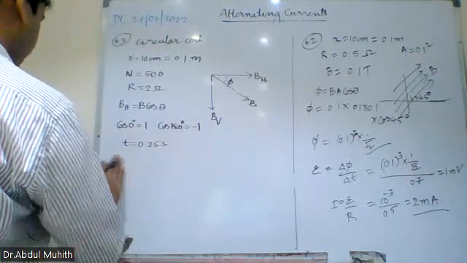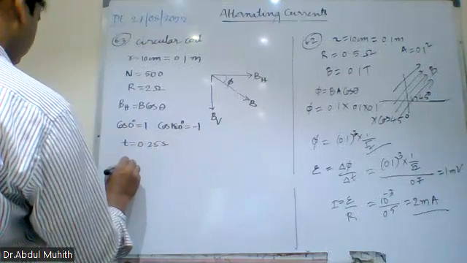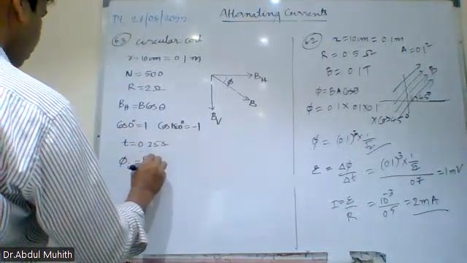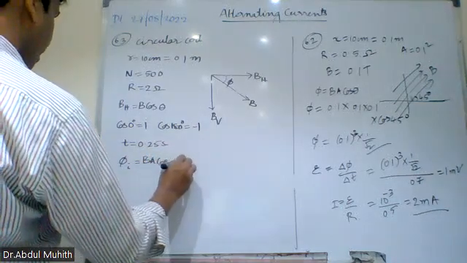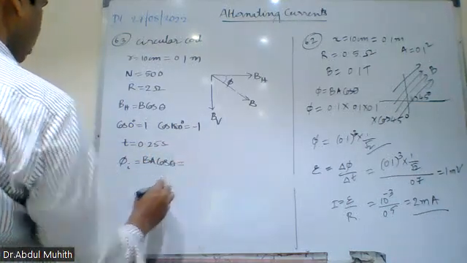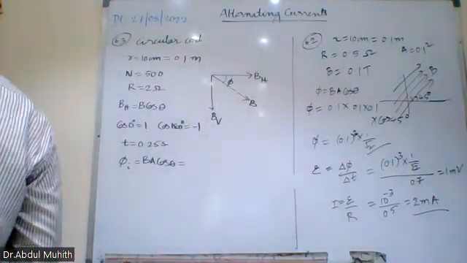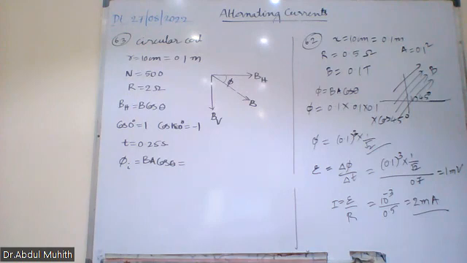So first find out the flux. Okay, so initial flux and final flux. Initial flux is B into A cos theta. So B is B cos theta.